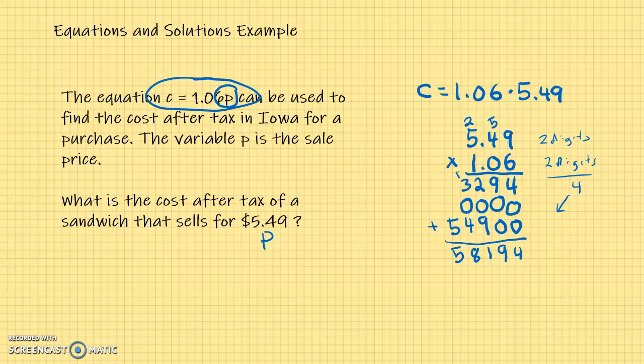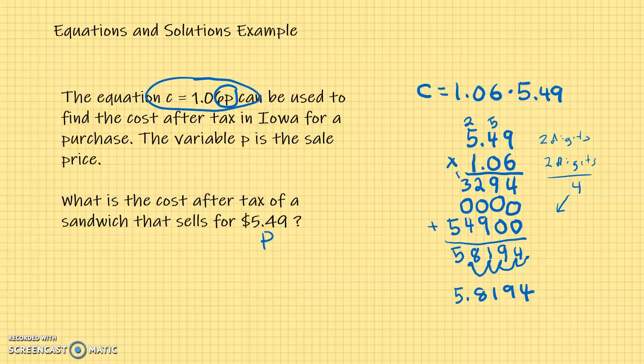Okay, so we start with the decimal point here, and because we have a 4 here, we're going to move it 1, 2, 3, and then 4. So the answer to the multiplication is 5.8194. So that's what you get when you multiply 1.06 times 5.49.